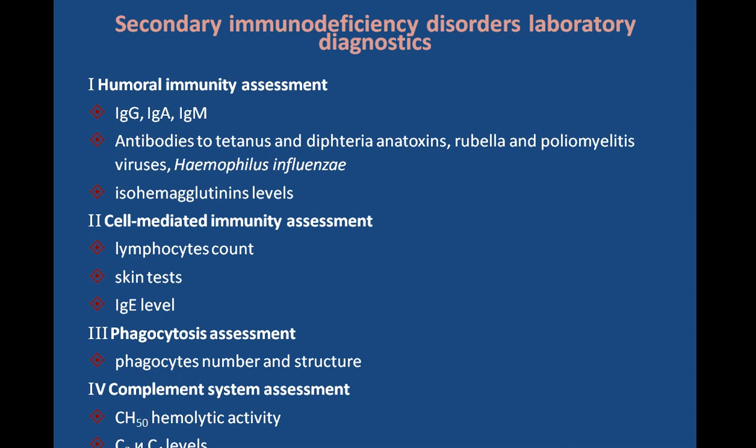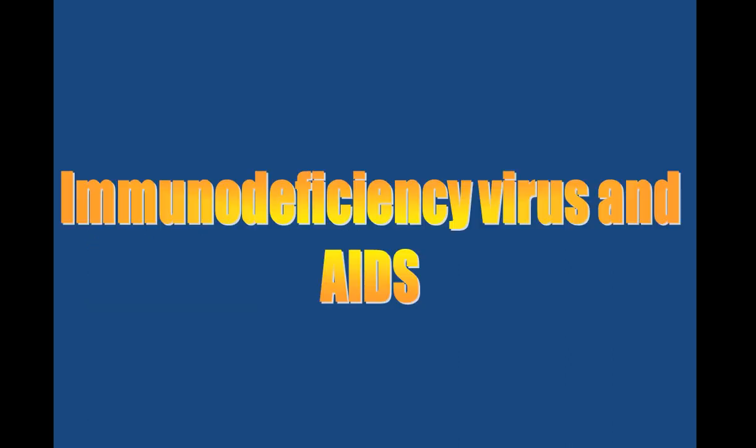Cell-mediated immunity assessment: lymphocytes count, skin tests, immunoglobulin E level, phagocytosis assessment, phagocytes number and structure, complement system assessment, and the hemolytic activity and the level of the subcomponents of complement.